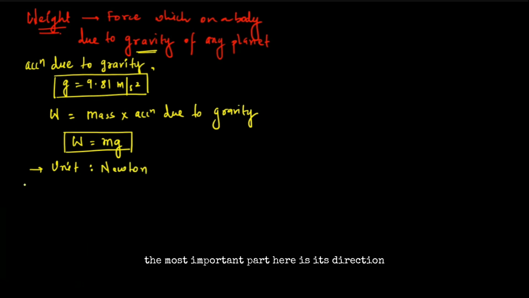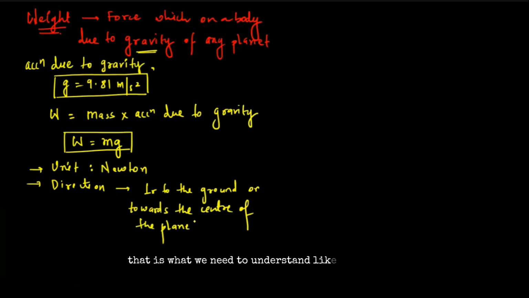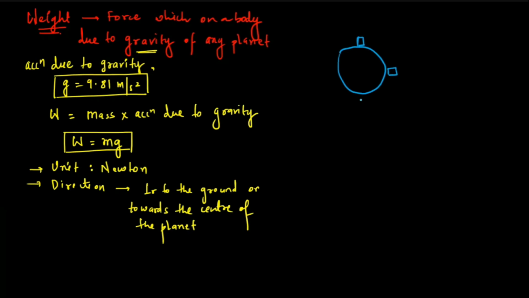The most important part here is its direction. Weight is always acting perpendicular to the ground or surface of Earth, or it is always acting towards the center of the planet. That is what we need to understand. For example, if this is the surface of Earth and there are a few objects placed at different points, the force vector here, which is given by weight, is acting towards the center of the planet.